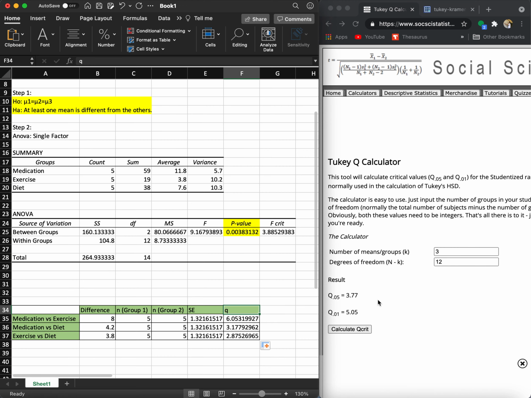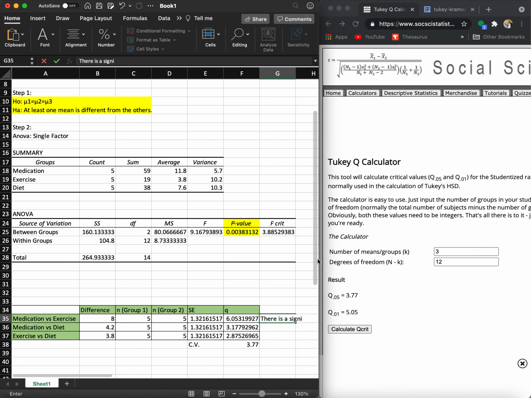Our critical value, CV, is equal to 3.77. Comparing it with each of them, in the medication versus exercise, we reject the null because the Q value 6.05 is greater than 3.77. So there is a significant difference between medication and exercise.